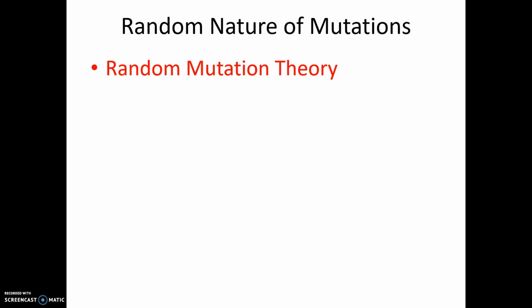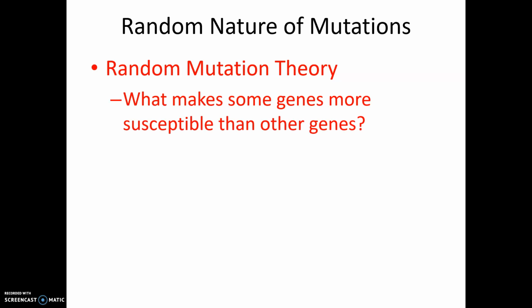So we're going to alter this one because some genes are more susceptible than others to a mutation. And why is that? Okay? So it can be size. The bigger a gene is, the more likely it is to acquire mutations. The next one can be location. So where is that gene located on a chromosome? It could be in an area that is just more susceptible to mutations.